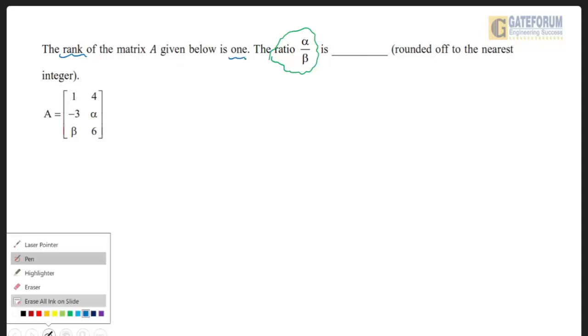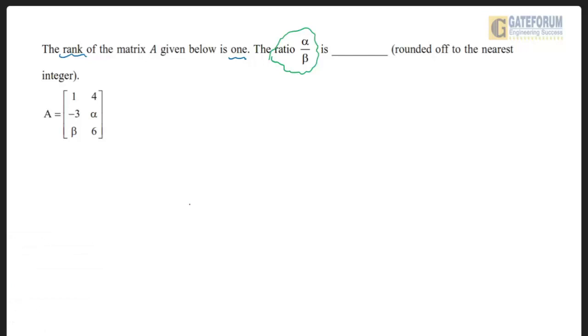Now solution. This is from engineering mathematics, the topic linear algebra, subtopic basics, rank. Rank of the matrix A is equal to 1. This is given.